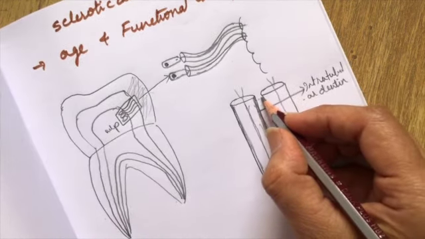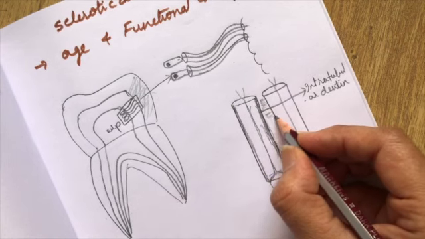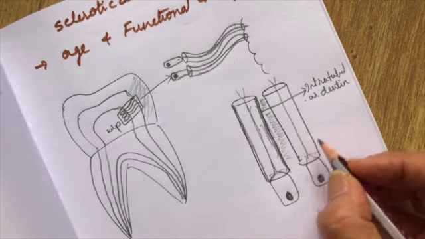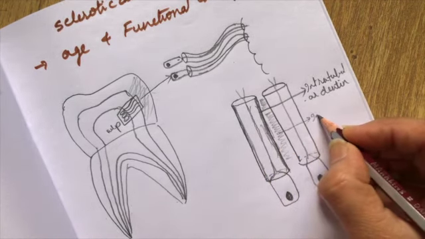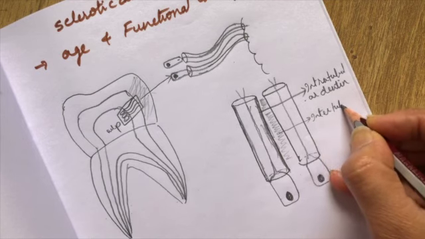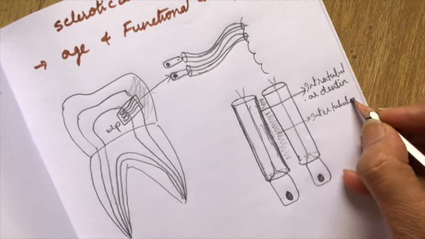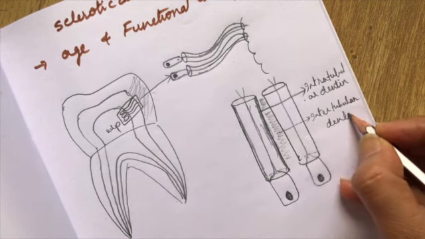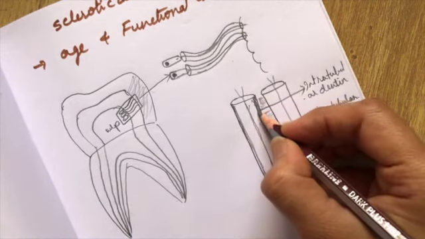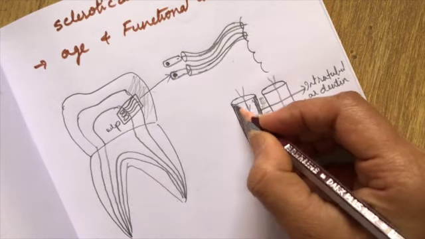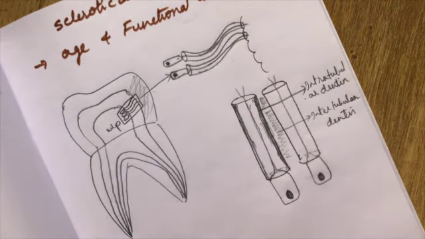And of course, in between the tubules, we have another form of dentin called intertubular dentin, that anyway falls outside the dentinal tubules.